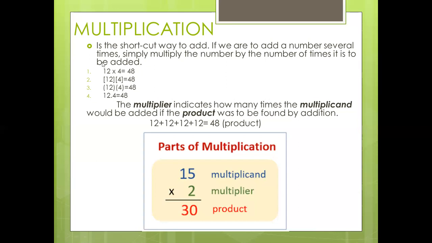We have the X sign, brackets, parentheses, and the decimal point. And in this example, 12 times 4 can be expressed as the following, or 12 can be multiplied 4 times. So these are the multiplication symbols and some of the multiplication terms that we have.